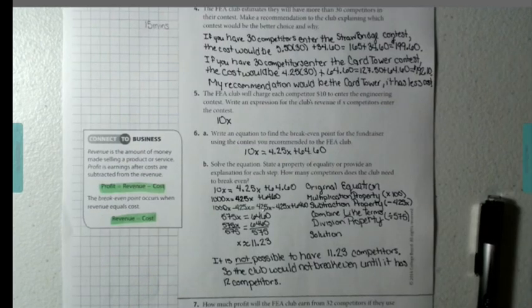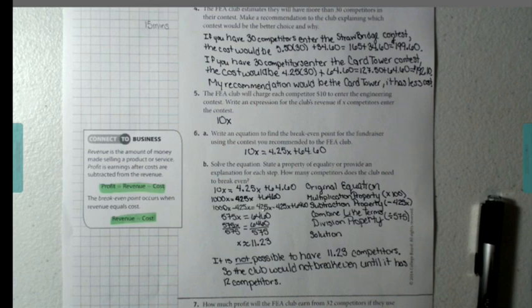As you can now see, the answers to questions 4 through 6 have now been provided. The main focus I have here is to make sure that we recommend the correct contest. So what I did in question 4 was, it says we're going to have more than 30, but let's just see what happens at 30 competitors.